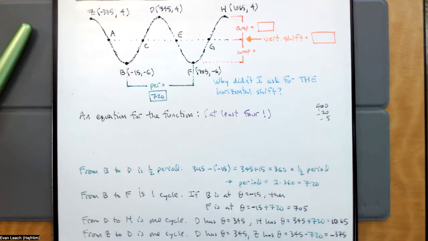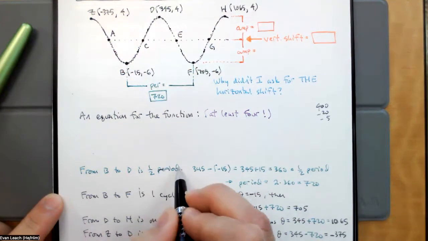Any questions? You've got all this horizontal information now. Oh, there's even more horizontal information that we can get. From B to D was half of a period, or half of a cycle. The period is the actual value, so I should say half of a cycle.